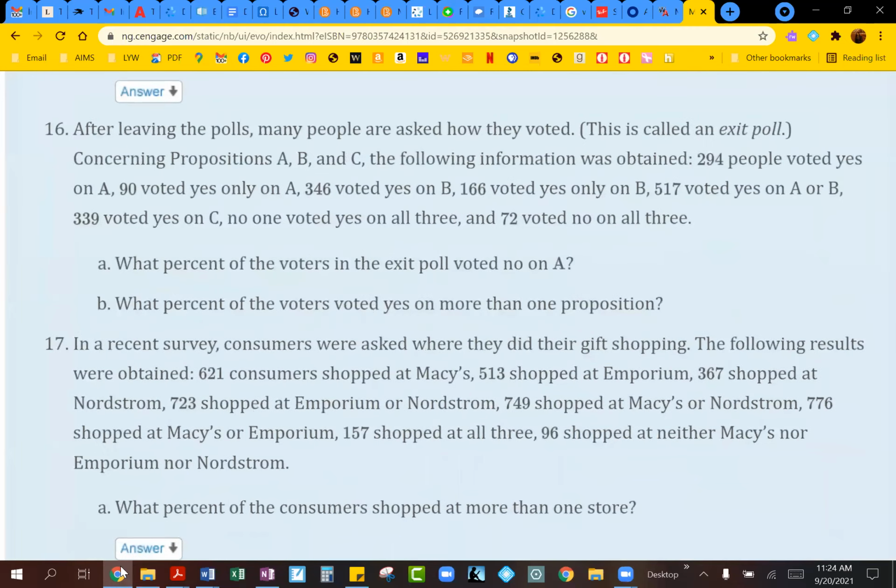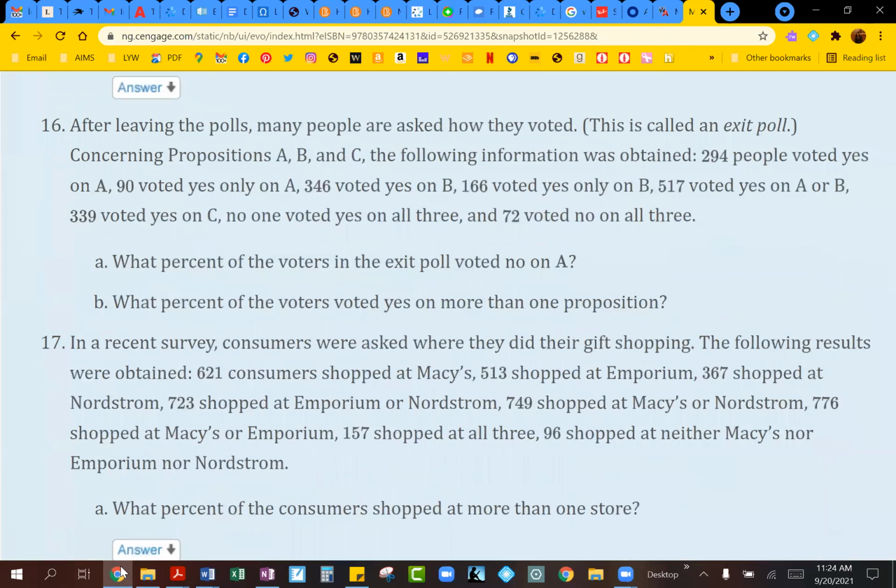I'm trying to make this big so you can see it easily. This one is talking about after leaving the polls, many people are asked how they voted. So this is your exit poll. Concerning propositions A, B, and C, the following information was obtained.